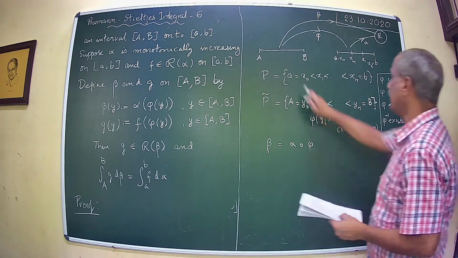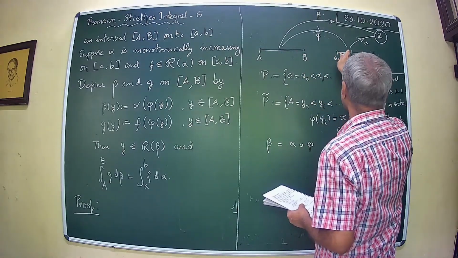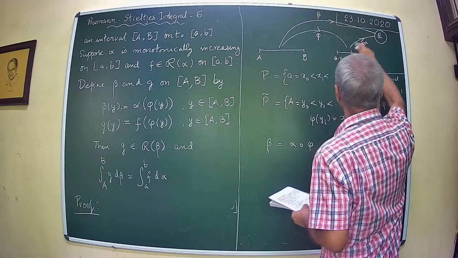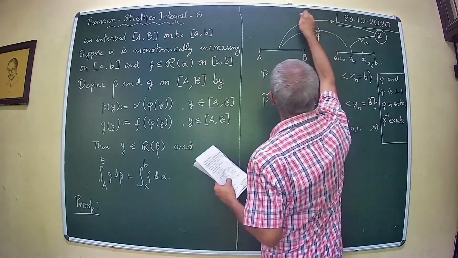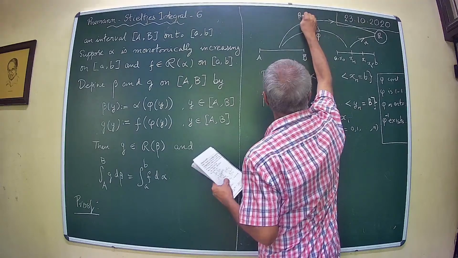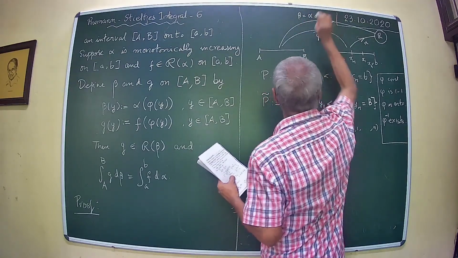So you take any y here, it gets mapped to some x here, and then alpha maps that. So beta is equal to alpha composition phi.